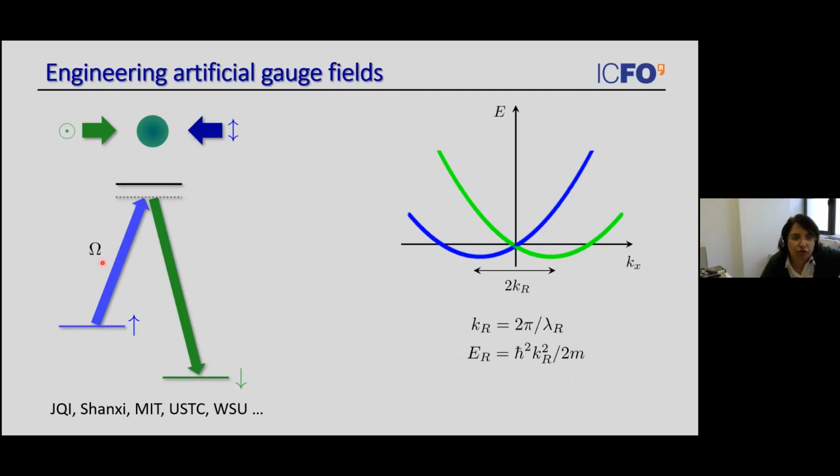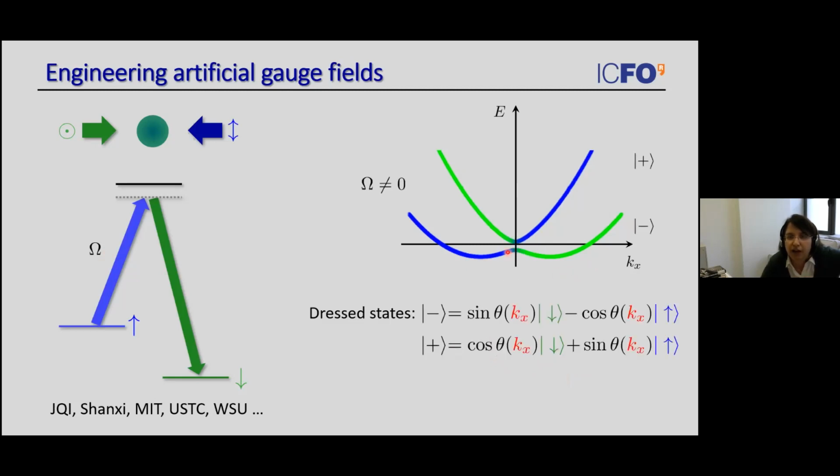So now when I introduce this coupling, these bare states of the atoms get modified by the light field. And actually we have an avoided crossing that happens here. And we get some new dressed states that I have written here in detail. So the lower dressed state, minus, and the upper dressed state, plus, which are combinations of spin down and spin up with some weights that depend on momentum.